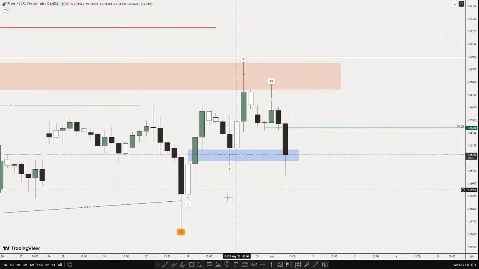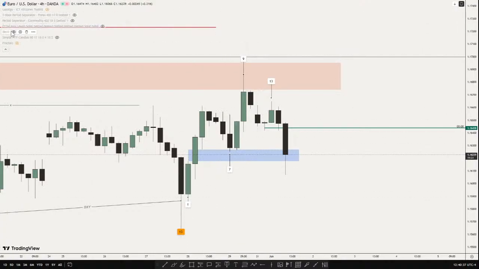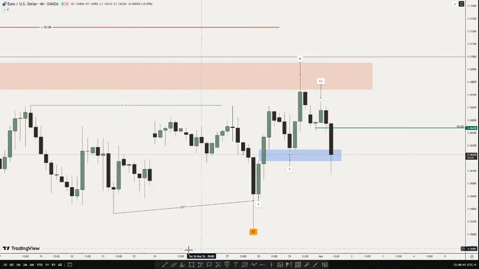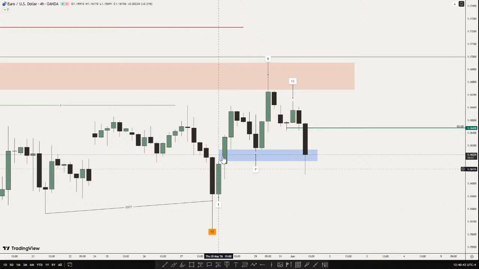So now if we look at price approaching this day from the 4-hour perspective, we observe that price was creating higher highs, but the week opened with a gap here.